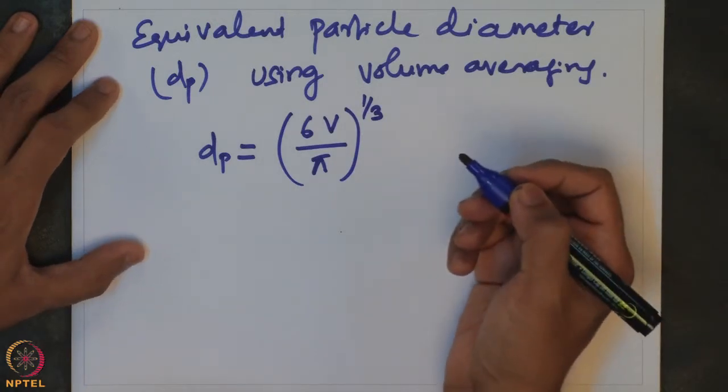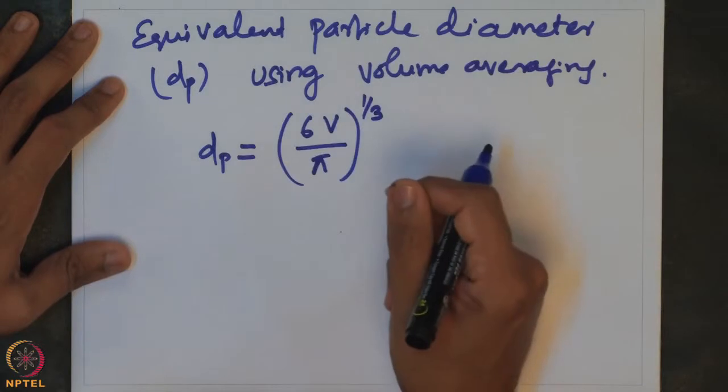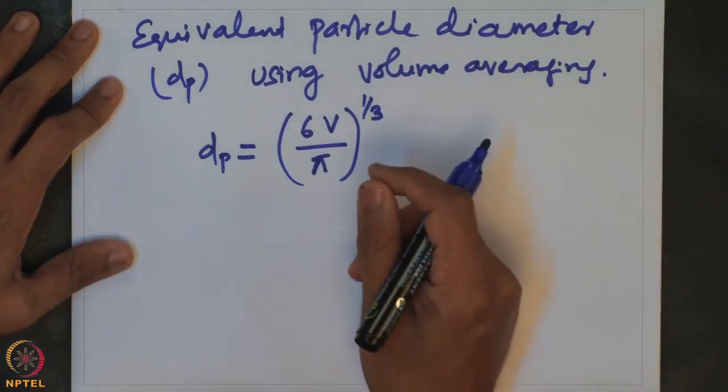Essentially, we are finding out what should be the diameter of an equivalent spherical particle which occupies the same volume as that of the cylinder.